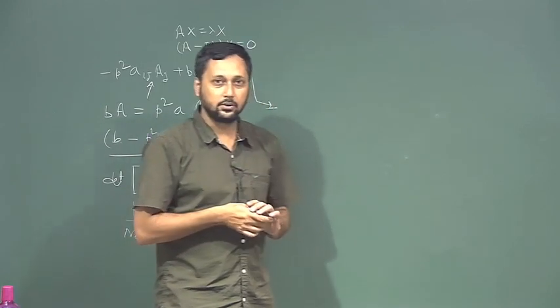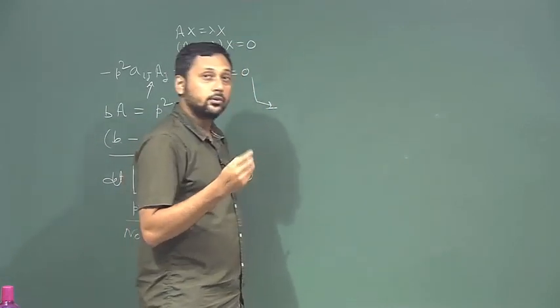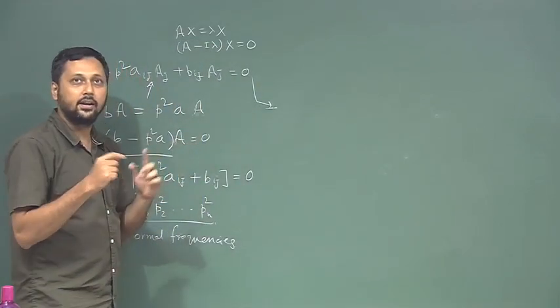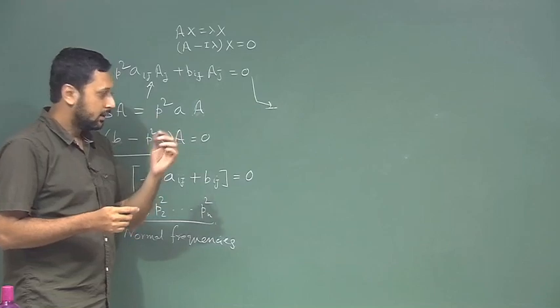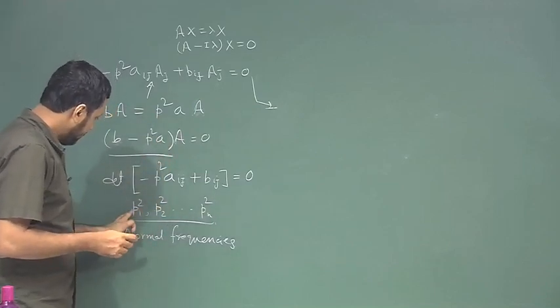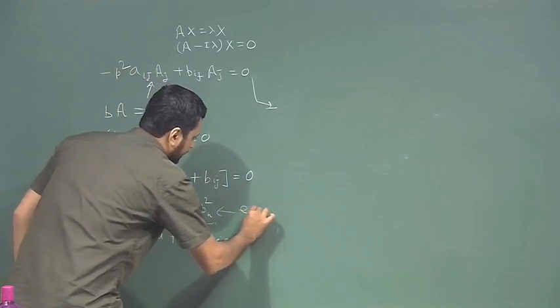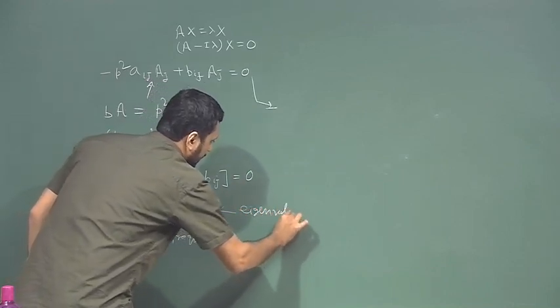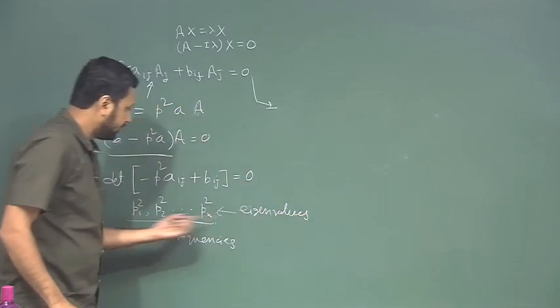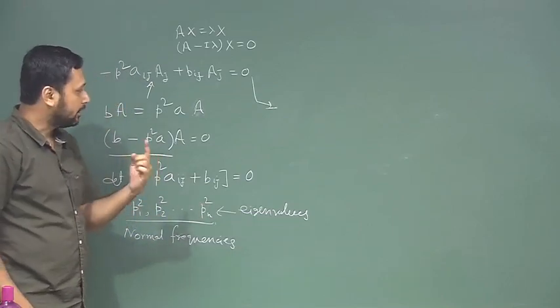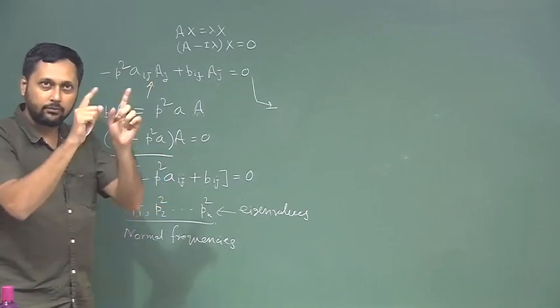Each of these eigenvalues, of this eigenvalue problem, will correspond to one eigenvector. One eigenvector is one column matrix of n entries.